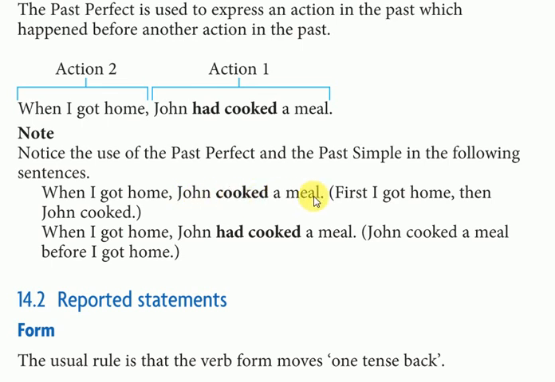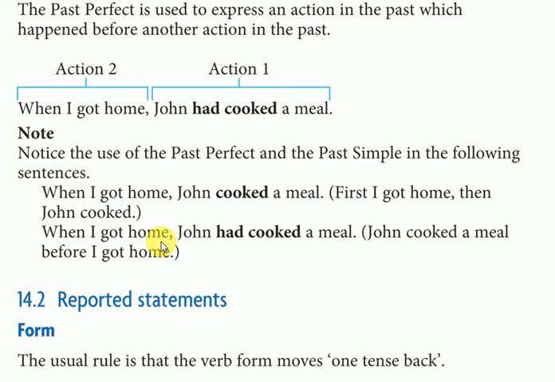But in the second sentence, when I got home, John had cooked a meal, John finished his work. This action finished before I got home. The second action is when I got home. When I came, John had cooked the meal.